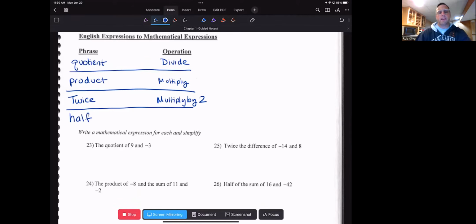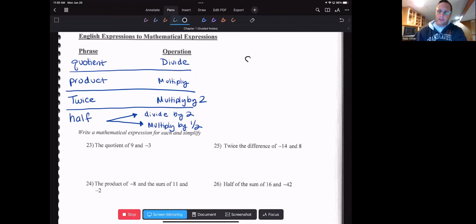And then half could mean a couple different things that basically do the same thing. Some people think of half as being divided by 2. Or you can also think of it as multiply by 1/2. Because both things work.